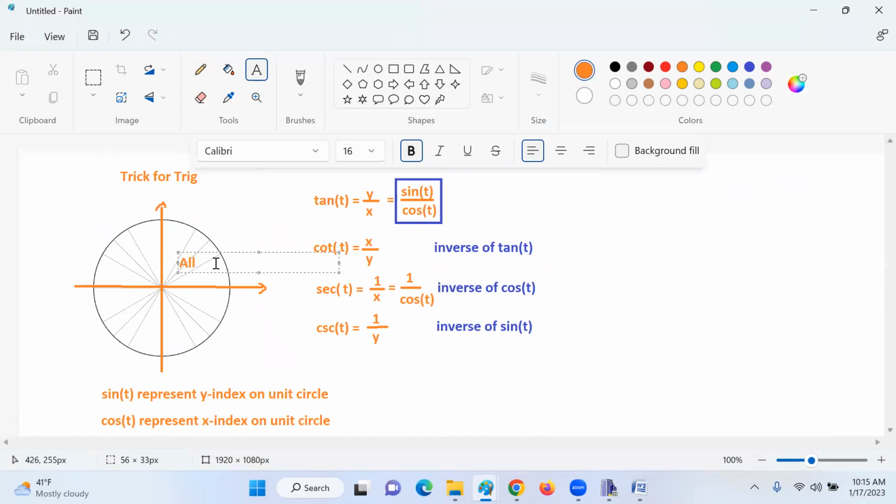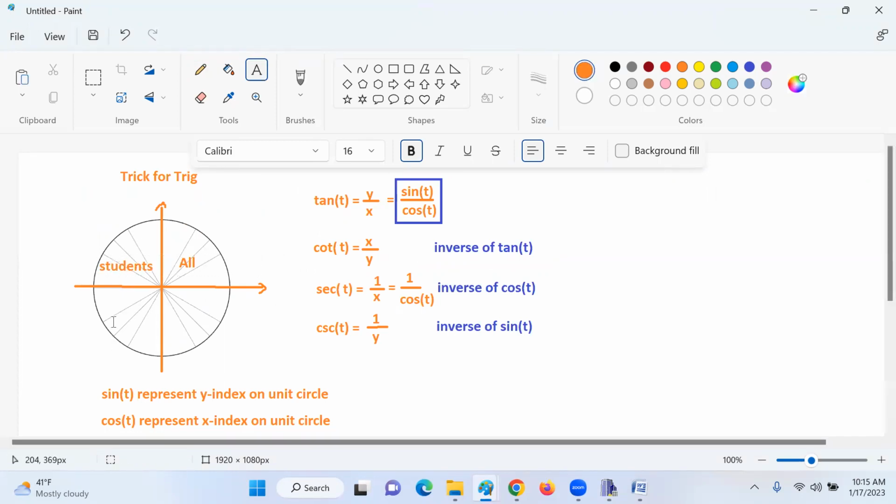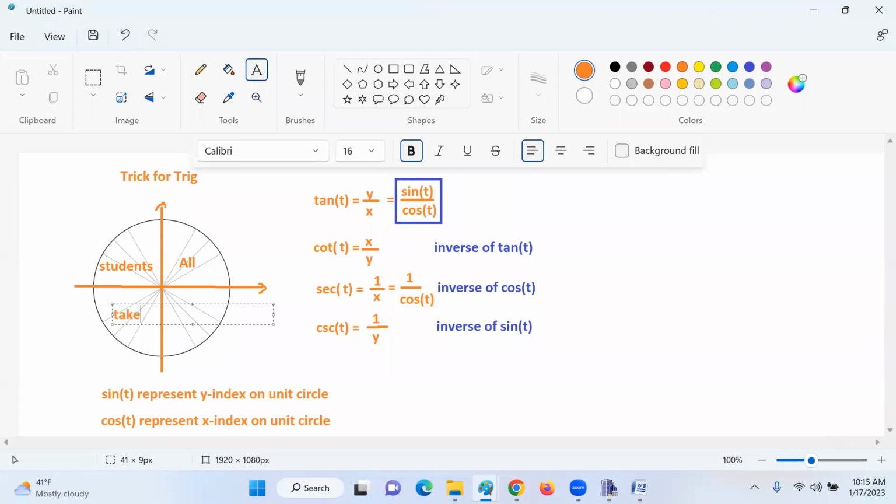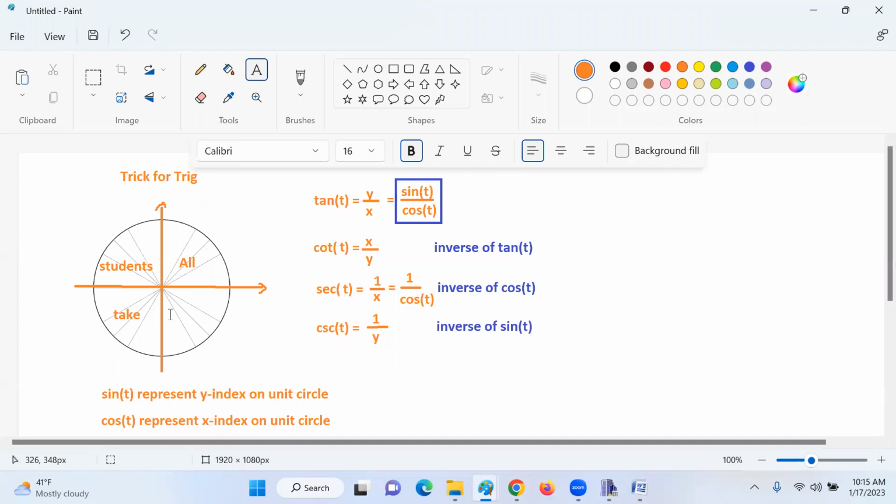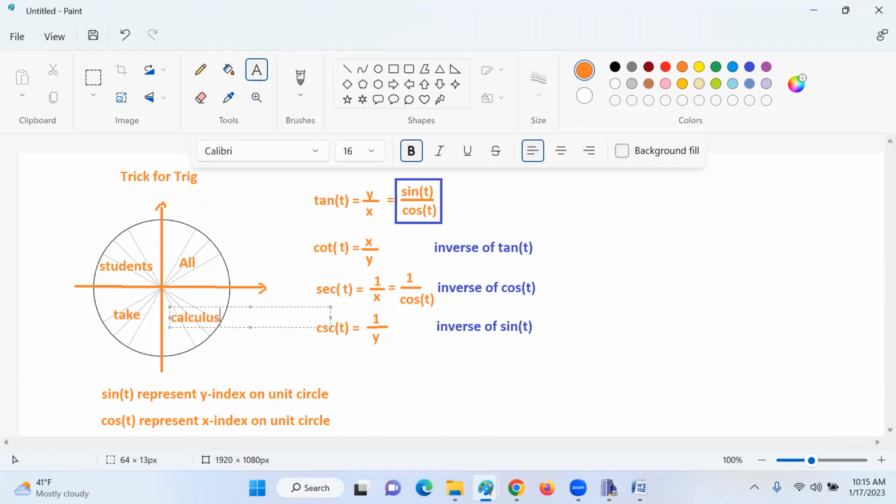We need to determine which one is going to be positive and which one negative. This side will be positive, so we call it All Students. In the next quadrant, both sine and cosine are negative, but only the tangent is positive, so we take calculus. Calculus means that only the cosine will be positive, and the others will be negative.